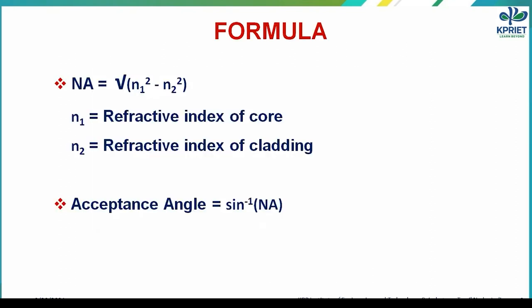So the formula used to determine these two, numerical aperture and acceptance angle: for numerical aperture, the formula is the square root of n1 square minus n2 square, where n1 is the refractive index of core medium and n2 is the refractive index of cladding. And for acceptance angle, it is the sine inverse of numerical aperture. These are the two formulas used to find the numerical aperture and acceptance angle.